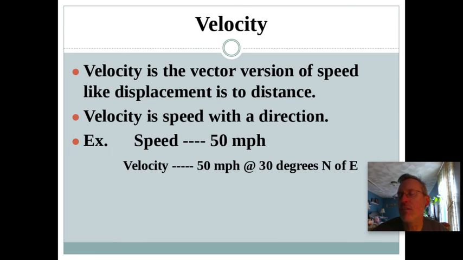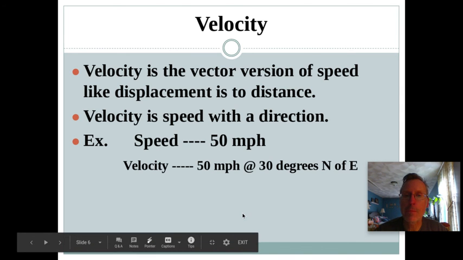But if you're in an aircraft, especially at night where you can't see much of anything, the tower needs to call the aircraft a velocity. The tower will say, make your airspeed 500 knots at 30 degrees north of east. So the aircraft needs to be given a velocity. In fact, the term is that the tower says they vector the aircraft, because velocity is a vector.